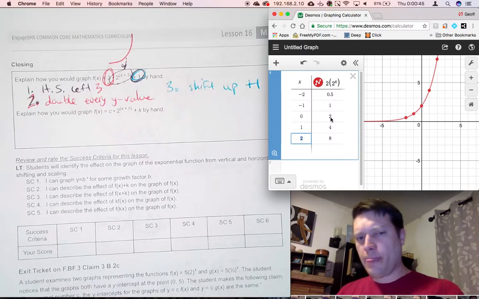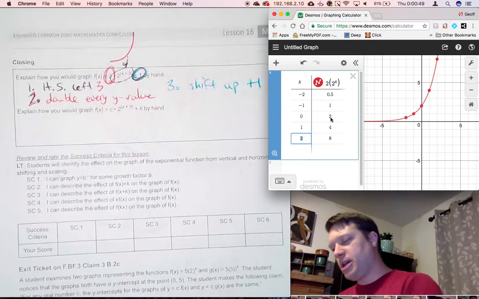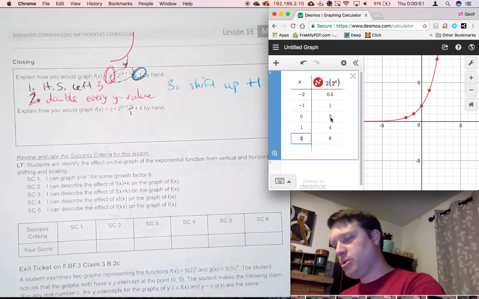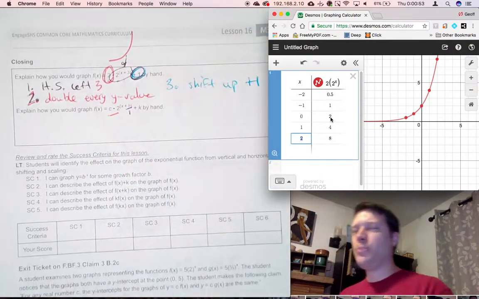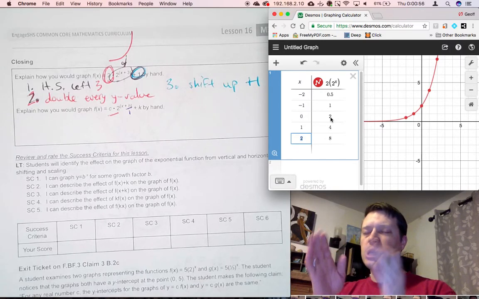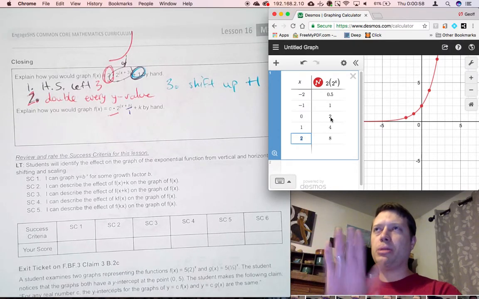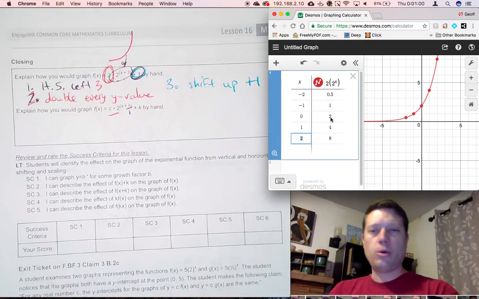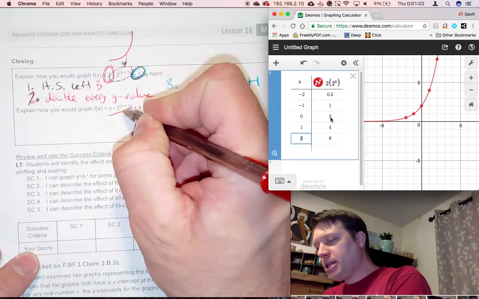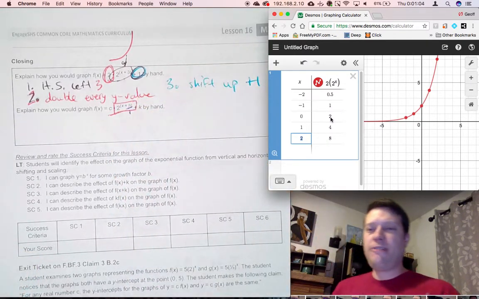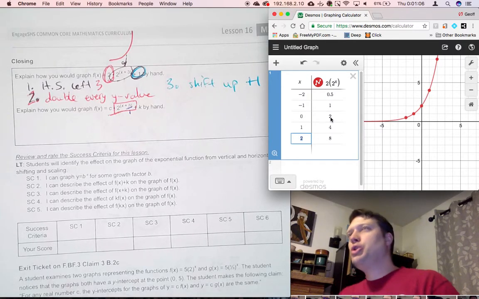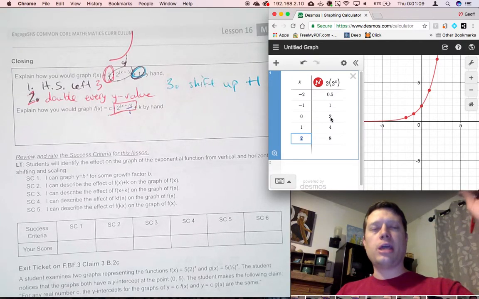Okay, think of the order. Order of operations matters. What happens inside the grouping terms is the first thing that you do. This is first. Then, yes, it's an exponent, but in the E part of the order of operations, the E technically is not being factored into this one because 2 to the x is a function that looks like a curvy line.